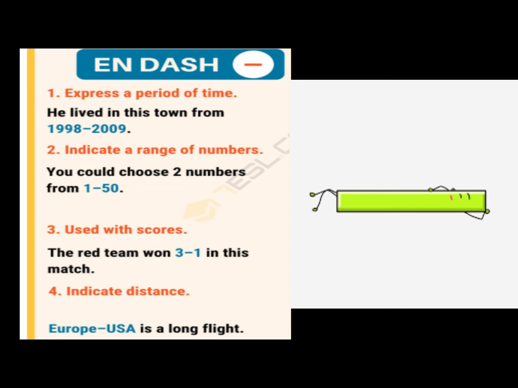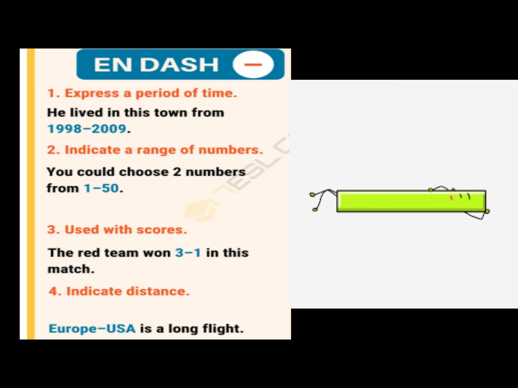The next use of this N dash is when we describe or give the scores of the team in a match. For example, the yellow team won 3 N dash 1 in this match. And one more use of this N dash in written English is to indicate distance. Like Delhi Chennai is a long flight. Here the words Delhi N dash Chennai.